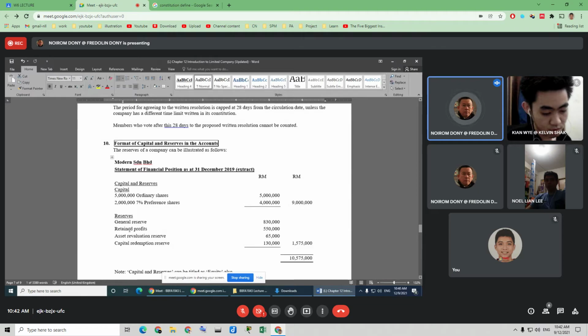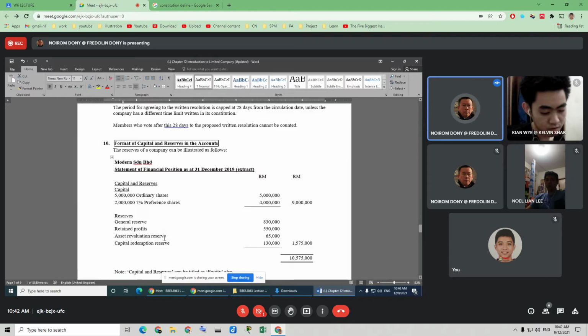Retained means the profit that is not distributed as dividend and not distributed to the general reserve. It is the profit that the company holds for expansion purposes.